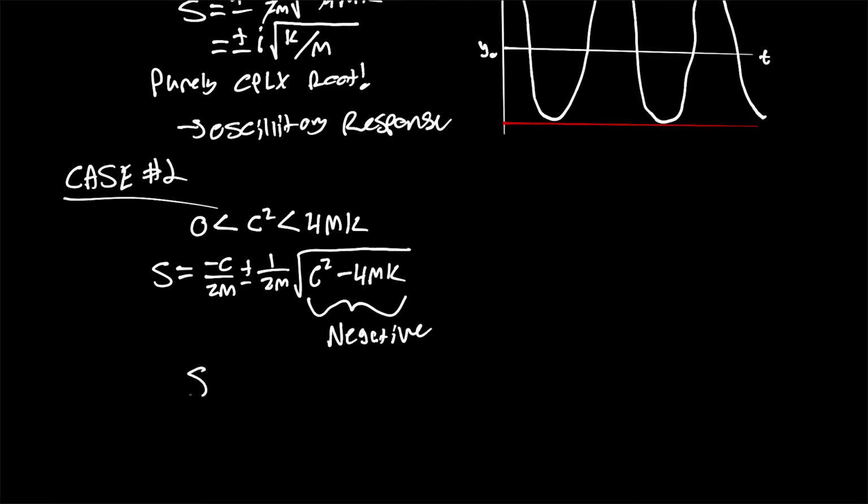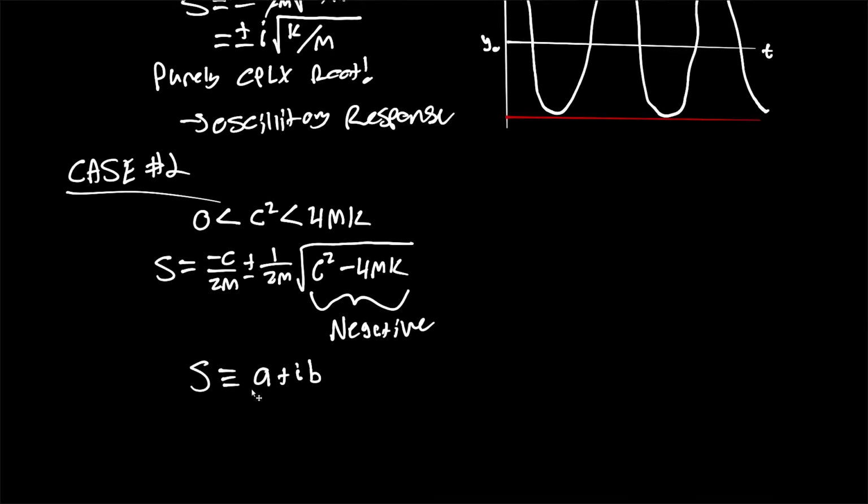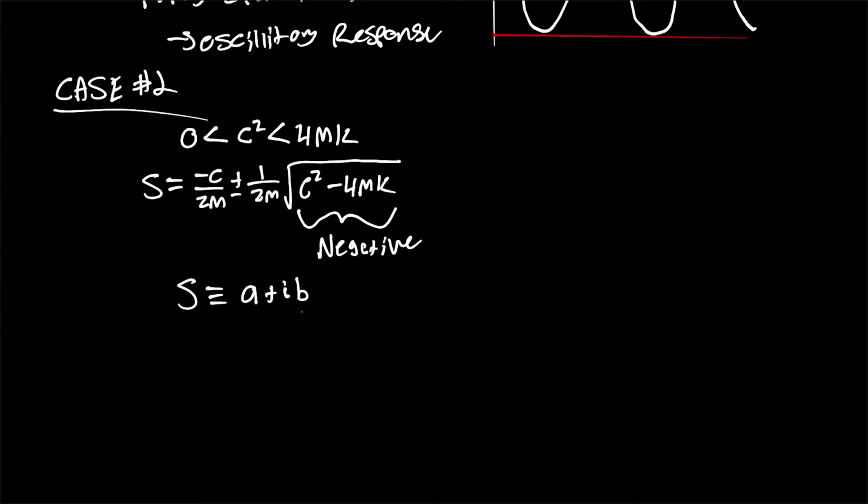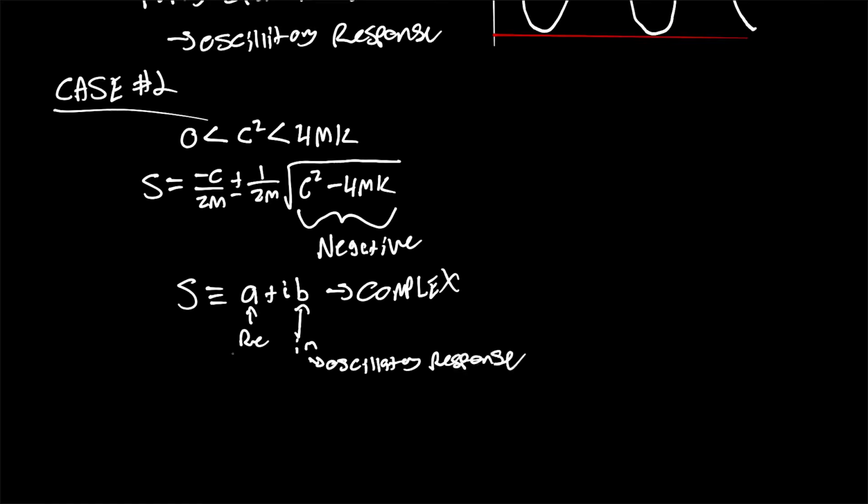And since this is going to be negative, we're going to have a complex root. So s is going to look something like a plus ib, which is a complex number. Since it's going to be a complex number with a real component and an imaginary component, then basically we are going to have an oscillatory response, but we're also going to have an exponential response.